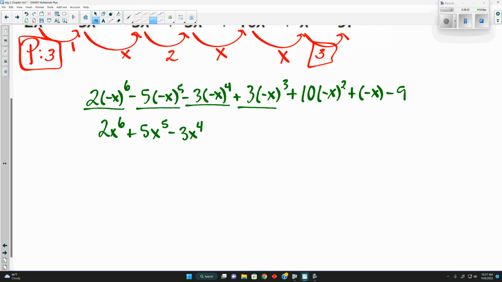Our next one is odd, so it's going to change from positive to negative. Our next one is even, so the sign will stay the same. Now luckily, plus negative x because the power is 1. 1 is odd, minus 9.